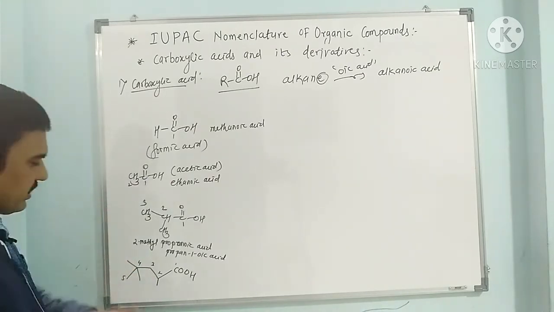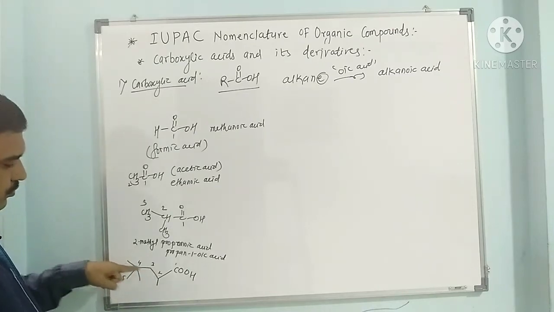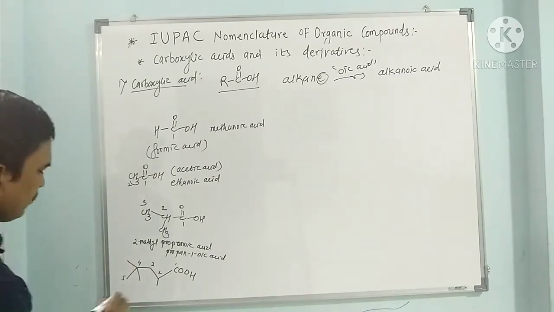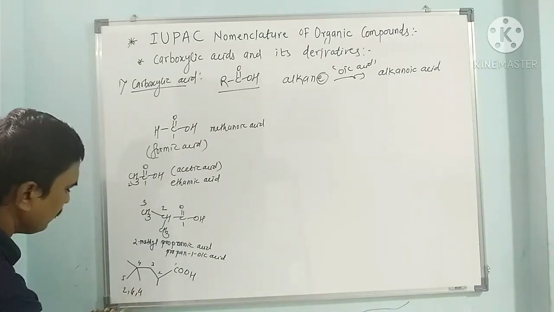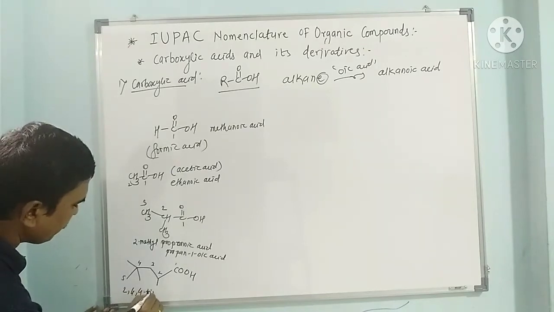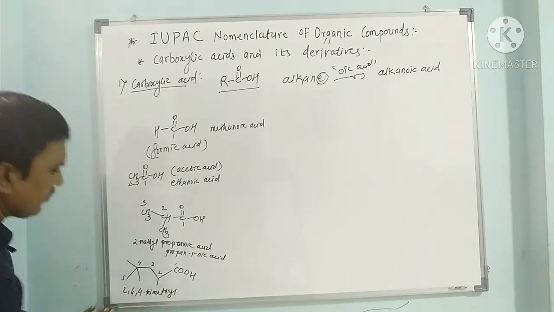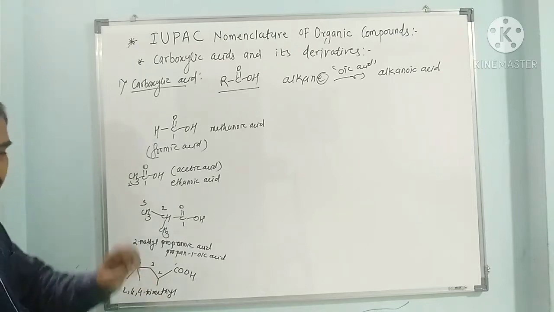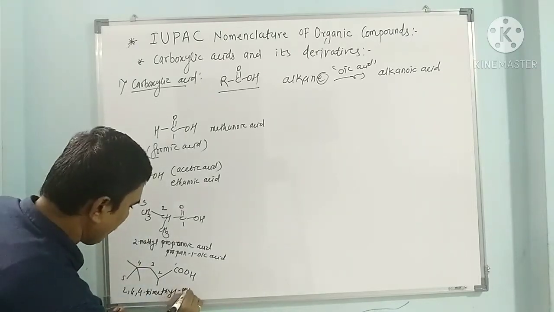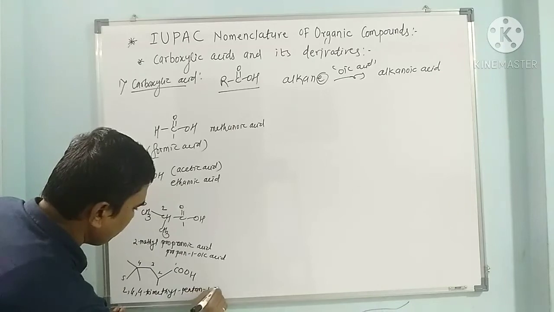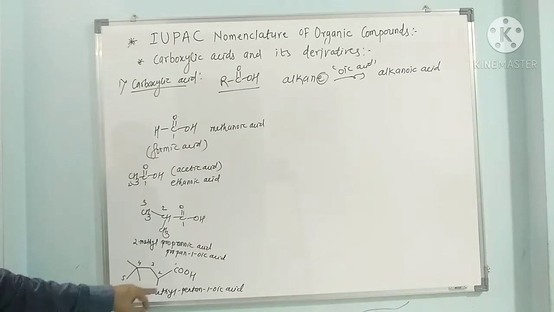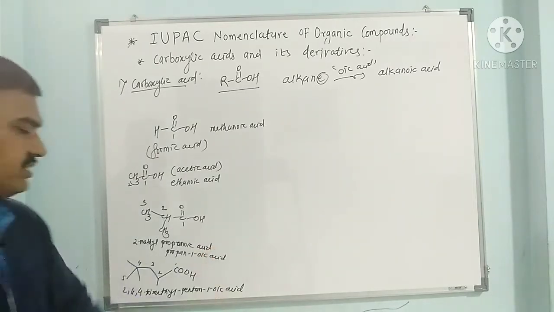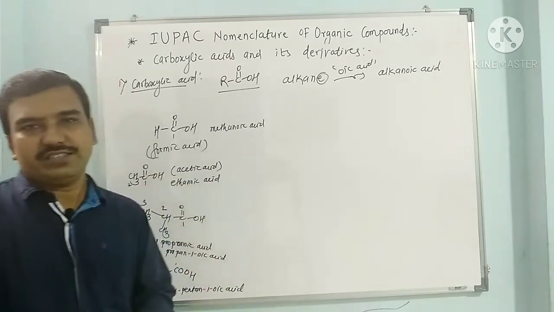So 3 methyls are there, 2 at the 4th position and 1 at the 2nd position. So it is named 2,4,4 trimethyl pentane 1-oic acid, or pentanoic acid.